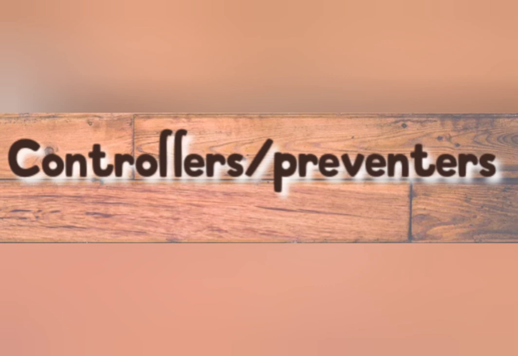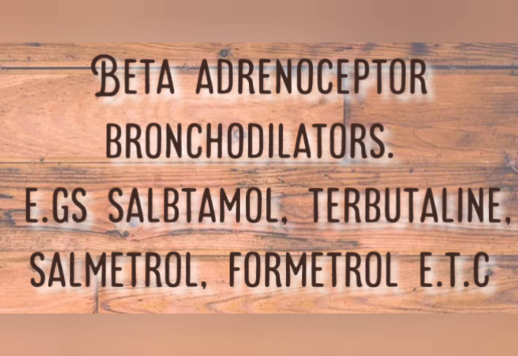We have inhaled bronchodilators, which have a faster onset of action when inhaled and give better protection from bronchoconstriction. Now, reliever medication: we have the beta adrenoceptor agonist bronchodilators. Inhaled beta 2 agonist is the first line agent in the management of asthma.